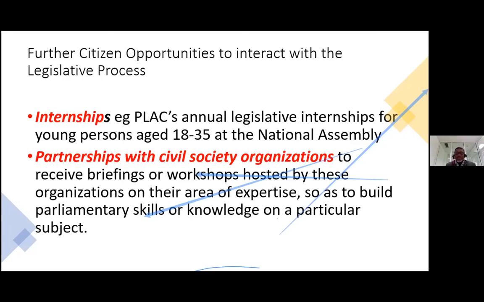Then the issue of partnership. Citizen engagement builds partnerships within civil society organizations, but also between civil society organizations and the parliament. And the beauty of partnerships is that a marriage without courtship, or a marriage where people don't really know each other, or where people don't have things they bring to the table and have developed a partnership, is a marriage that cannot work.